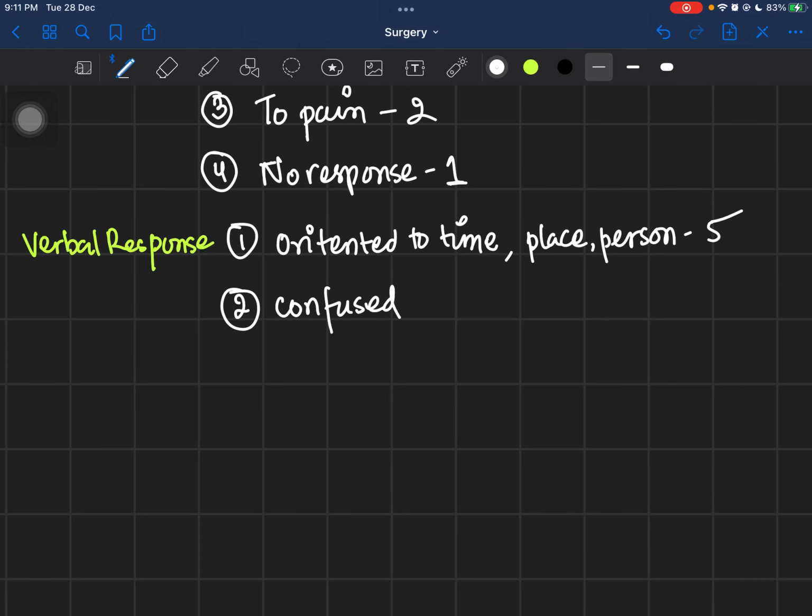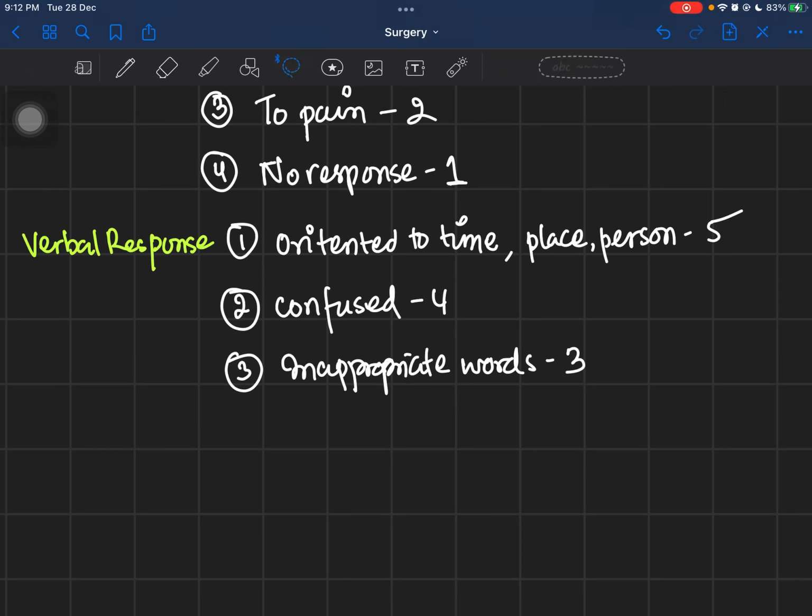If they are confused, speaking in sentences but confused, then you give them a score of 4. If they are not speaking in sentences but they are using inappropriate words, for example, a patient in our setting, in a Nepalese setting, would maybe say aya dukyo, aya dukyo, aya dukyo, maybe continuously saying aya dukyo, or else the patient might be saying malai bachao, something like that.